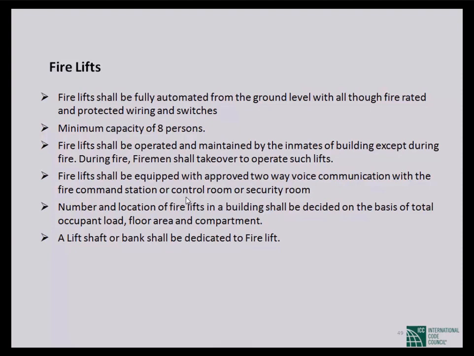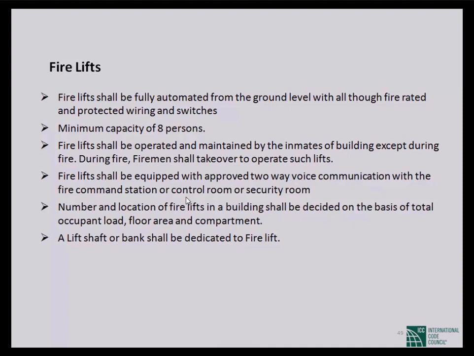There will be a smoke detector which will detect if there is smoke or fire on a floor, such that the lift, while moving with firemen, will not stop at that floor. So a fire lift must have this type of facility.